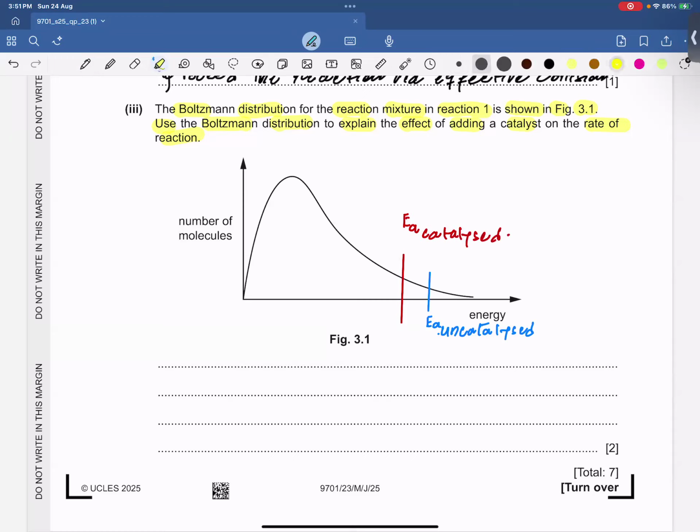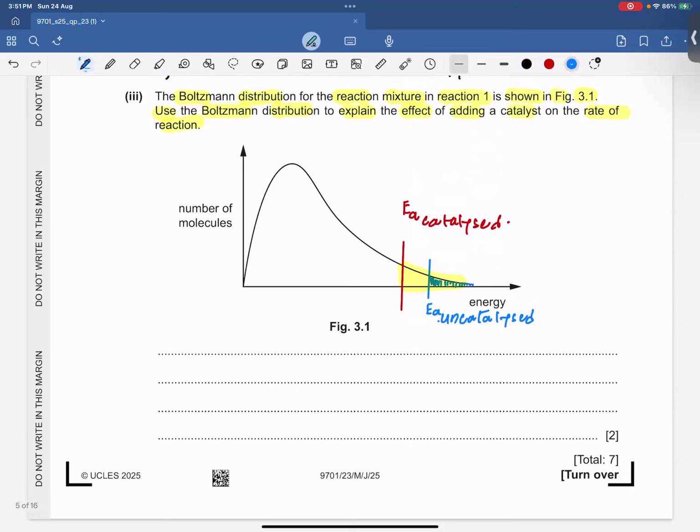So in the uncatalyzed scenario, a small fraction of molecules have energy equal to or greater than activation energy. But when we use a catalyst, this fraction increases, and therefore a greater proportion of particles have sufficient energy to react, and therefore the rate of reaction increases.